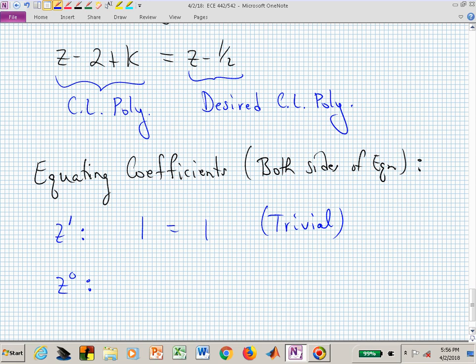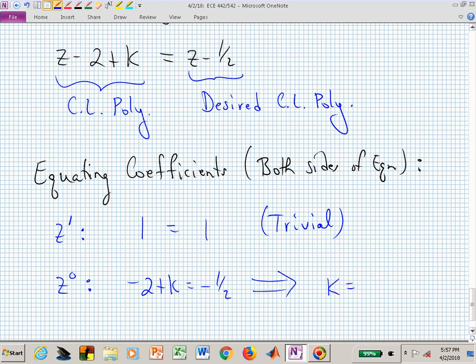They may say, obviously, minus 2 plus k is equal to minus 1/2. Or they might say it's immediately clear that minus 2 plus k is equal to minus 1/2, depending on what you're reading. But we can now solve that for k.